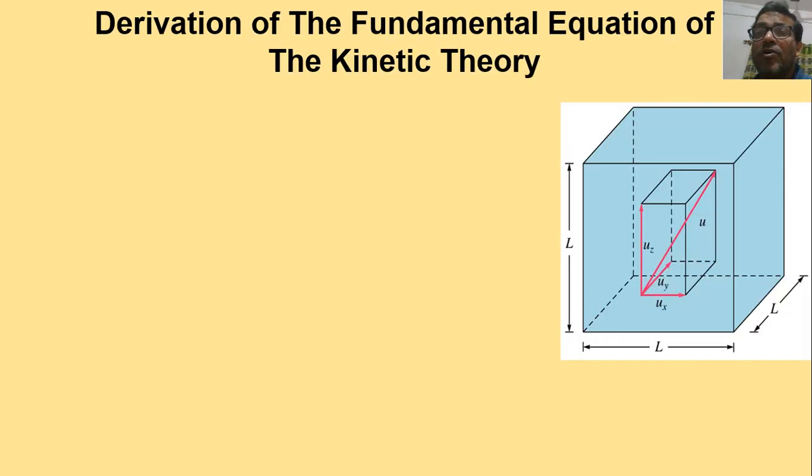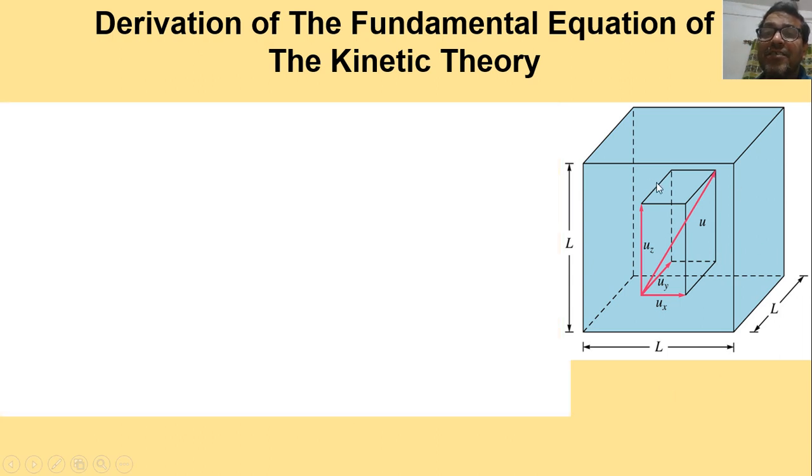So now, to derive the fundamental equation of the kinetic theory, we are considering a cube. That is the gas. Here the gas molecules are basically staying in this cube.